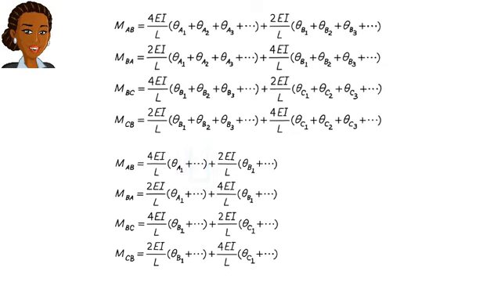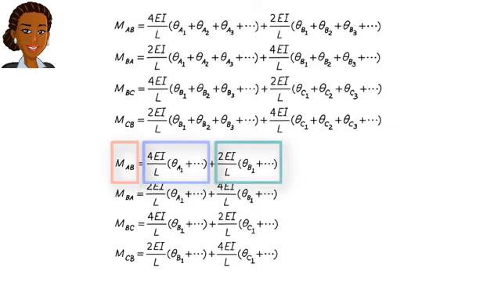Note that each equation consists of two main terms. For example, in this equation, we have a term associated with theta A and another term associated with theta B. Since the left-hand side of the equation represents a bending moment, then each of these terms must also be a bending moment.